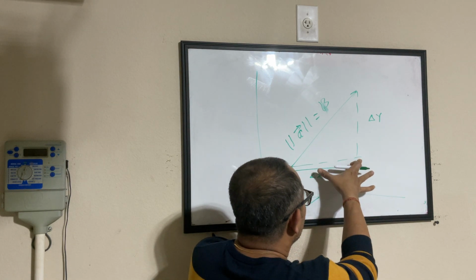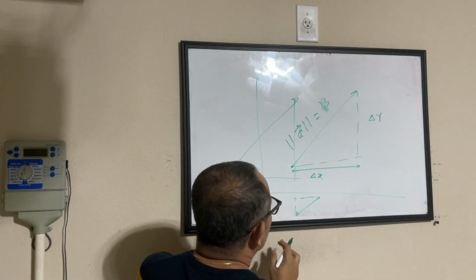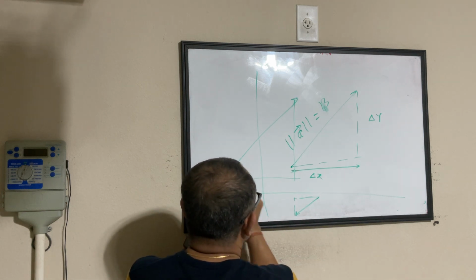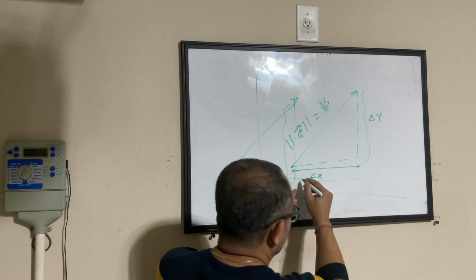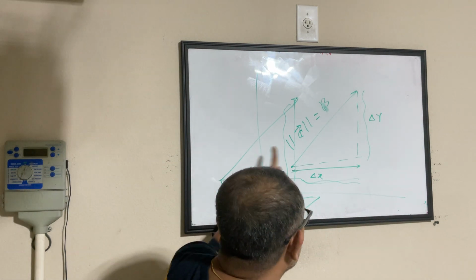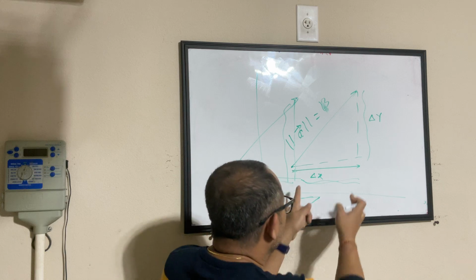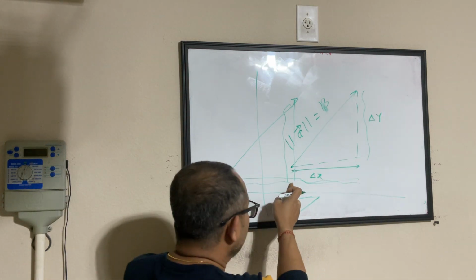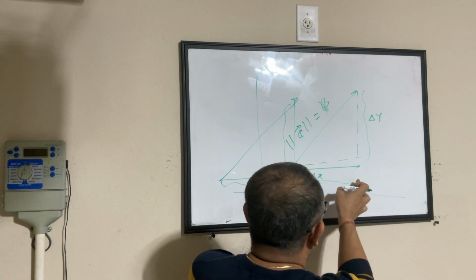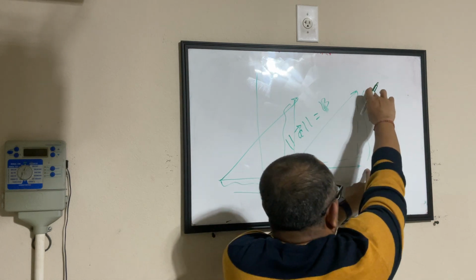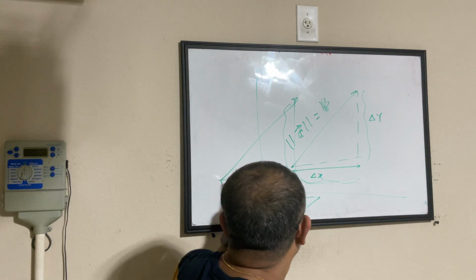Even if your vector is, let's say, starting from here and ending here, as long as the x component and the y component values are matching, meaning the displacement along the x-axis and y-axis is matching in terms of the absolute value, as long as your delta x is matching between both vectors and delta y is matching between both vectors, they will be considered the same, because the origin doesn't really matter.